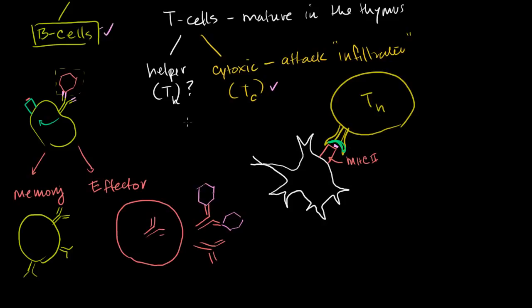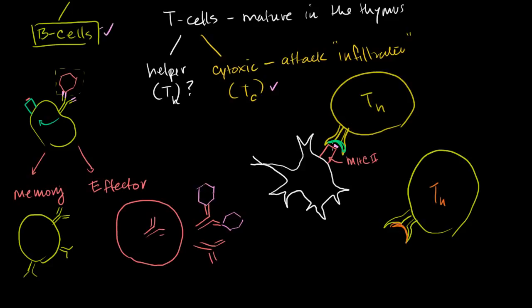For example, I might have another helper T cell here that also has a T cell receptor. But the variable portion on that T cell receptor is different from the variable portion on this T cell receptor. So this helper T cell will not bind to this dendritic cell or the MHC2 complex of this dendritic cell. Only this one would.